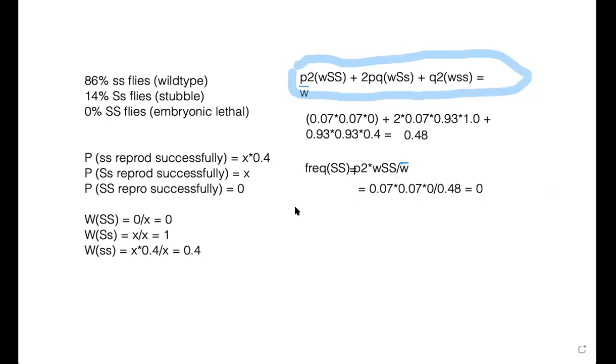All right, our frequency of heterozygotes in the next generation, big S little s, is going to be equal to 2PQ times W big S little s, the relative fitness of that genotype, divided by W bar.